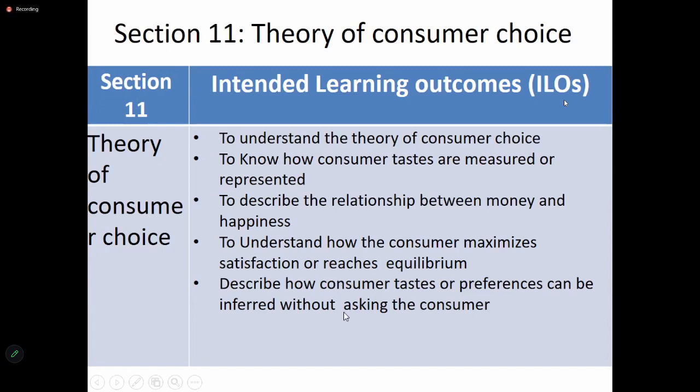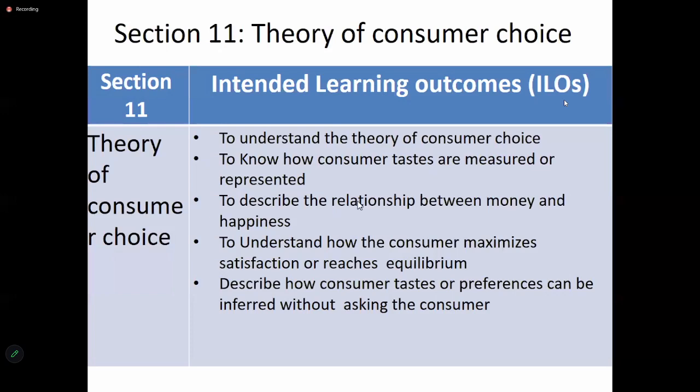So at the end of the section, you need to understand the theory of consumer choice and to know how consumer tastes are measured or represented. I think you remember the very first day we discussed utility. So all these we are discussing today again, just to summarize and to connect it with consumer choice.